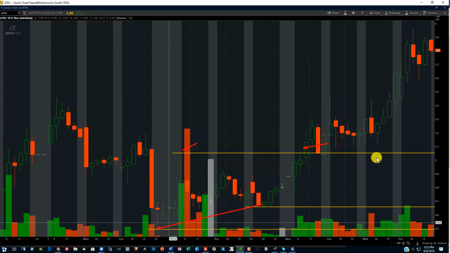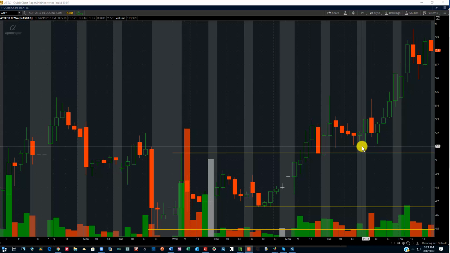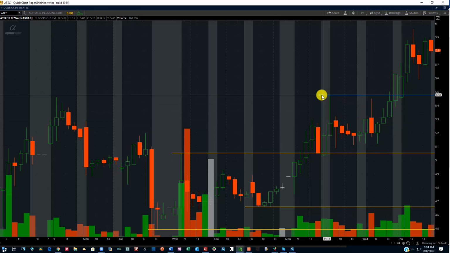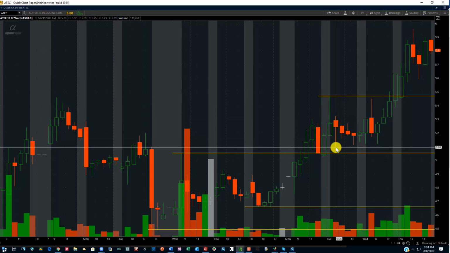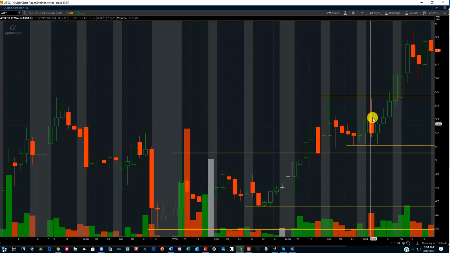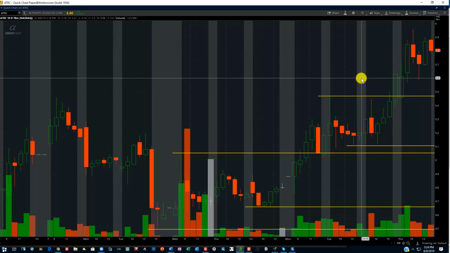And it never did come down and take this area out. And then here's a new high. I would consider this area a higher low here. And then with the breakout past here, another place to get in or potentially add to the trade.